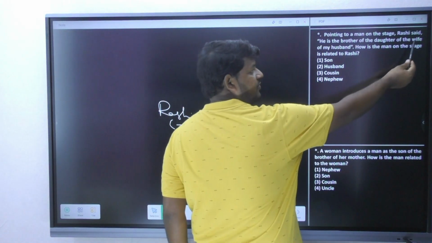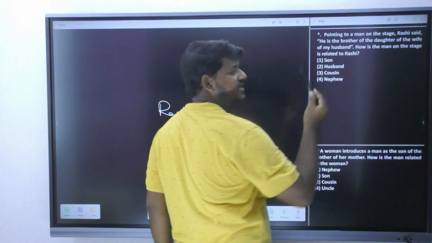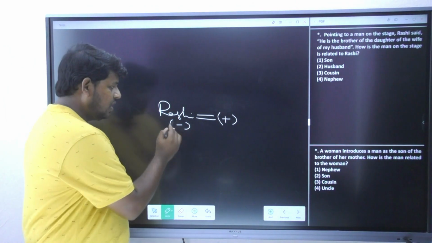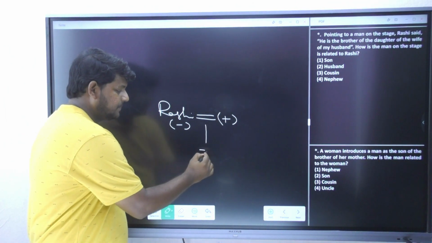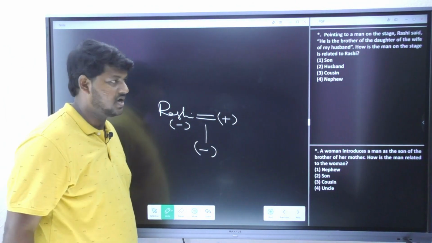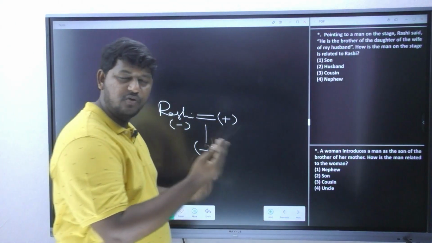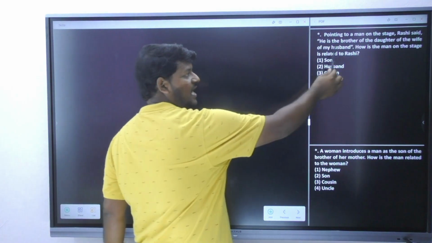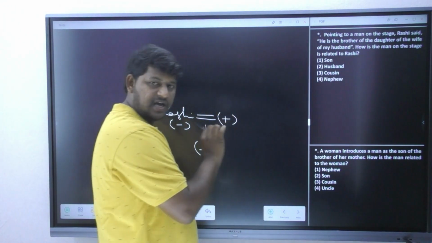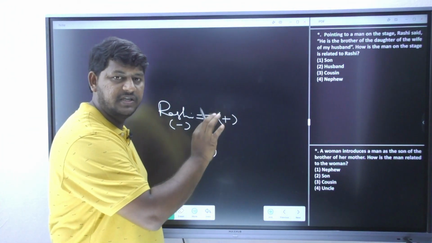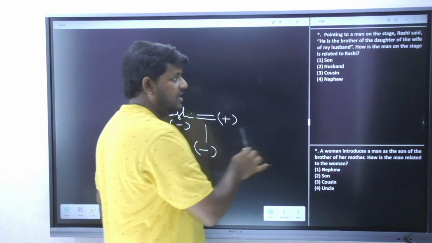Now let us go from here and observe the keyword. What is it saying? Daughter. So daughter of Rashi, they are talking about daughter of Rashi. And daughter's brother, when you go from the right side, my husband's wife is Rashi only. Rashi's husband's wife is Rashi.